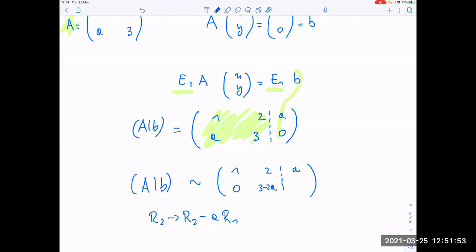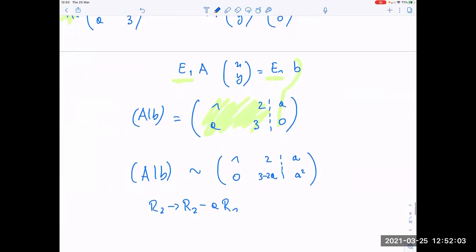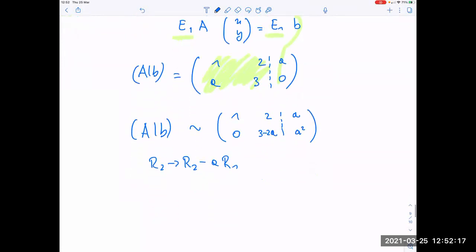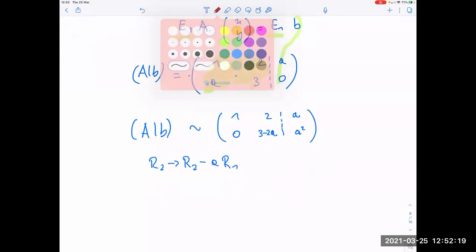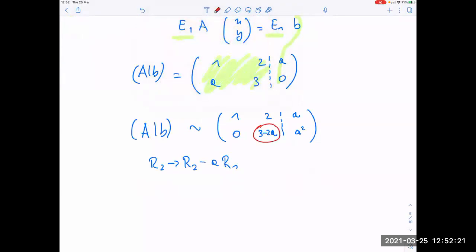And then I get downstairs A squared. Okay? So let's see what will happen now. And Alireza Nafabadi found something: it is not just enough to have A different from 0, right? Because you see, if this number is not 0, then I can divide by it and find a solution, right?